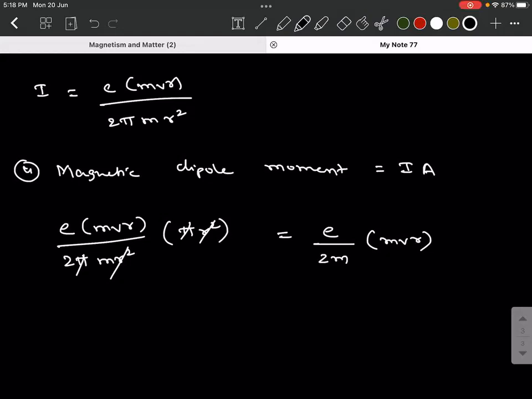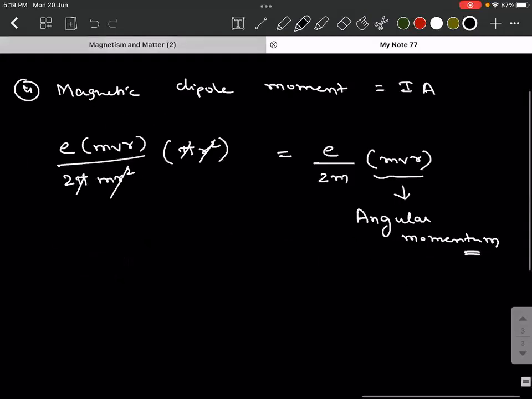Right. So what is this MVR called as? What is the value MVR called as? It is called angular momentum. Angular momentum is M into V into R. This is a concept from your 11th standard syllabus.